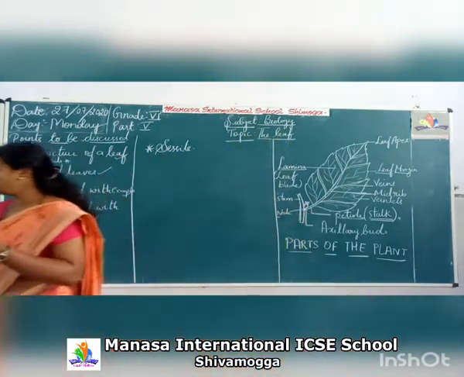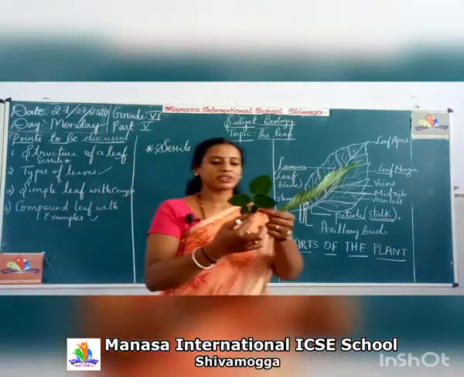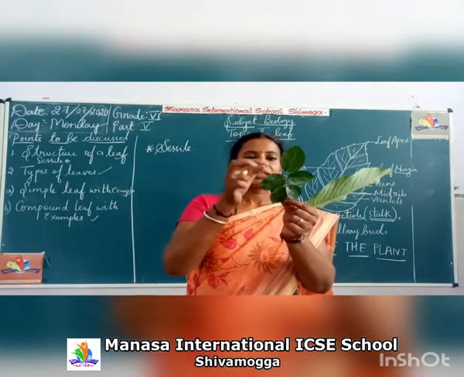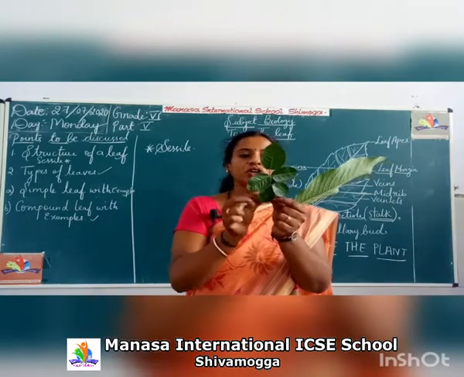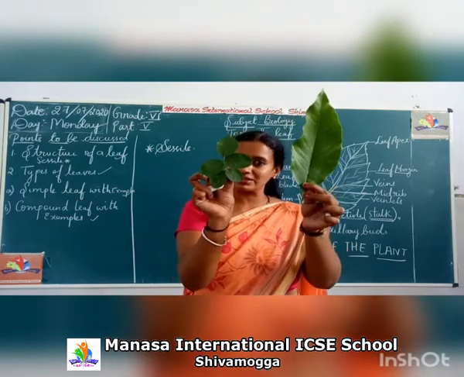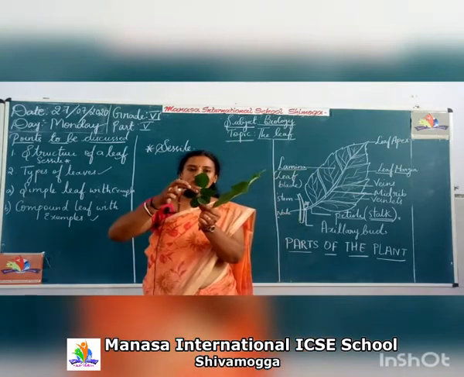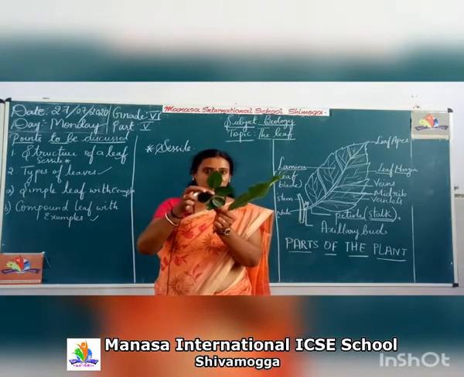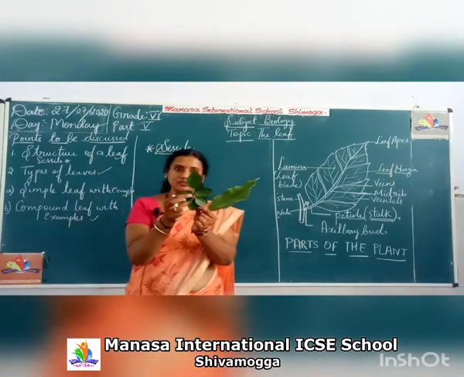I'll show you an example. For example, the rose. See here, this second leaf is directly attached to the stem. There is no stalk like this. The prominent stalk is invisible in this leaf. That kind of leaf without stalk or petiole is known as sessile leaf.